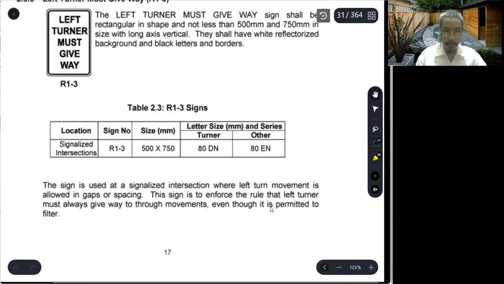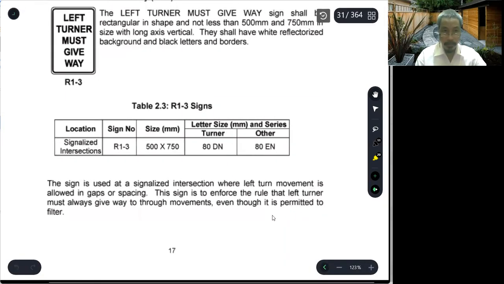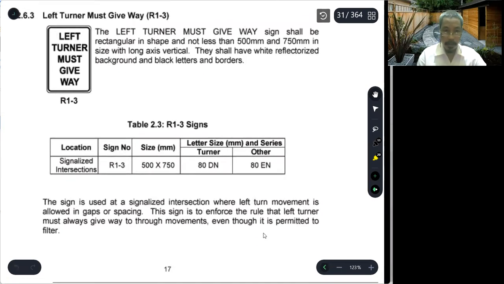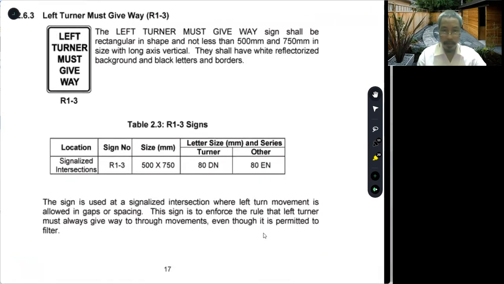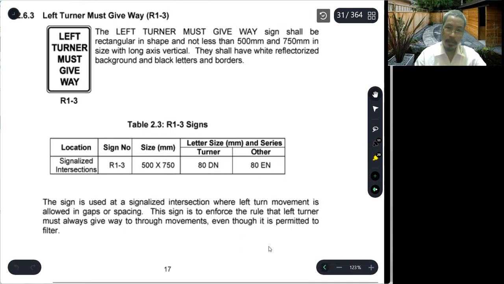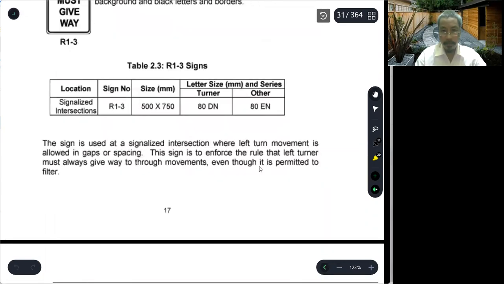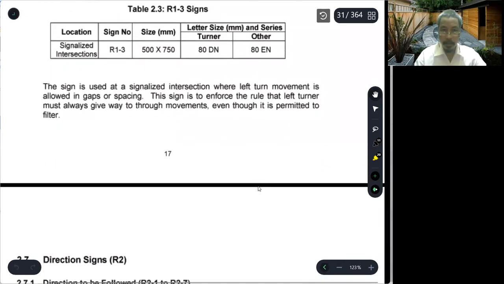The sign is used at a signalized intersection where left turn movement is allowed in gaps or spacing. So those who would like to turn left must give way first, even though it is permitted.